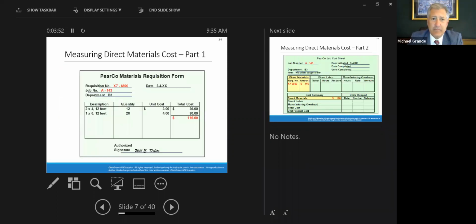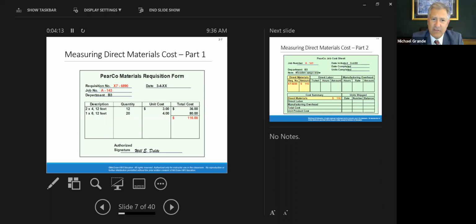Here's an example of one job that's going on. And what's important now is to begin to think about quantity and price, because later on, when we start doing performance reports, breaking down quantity and price is important here. So you can see with regard to direct materials, they have quantity and price.